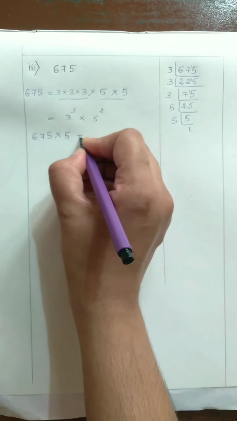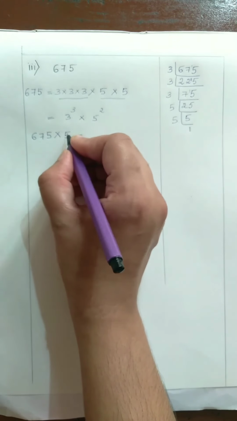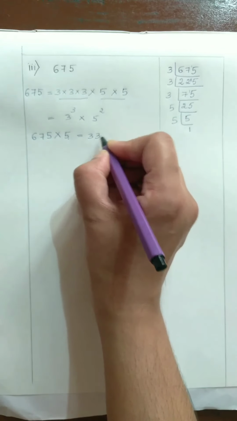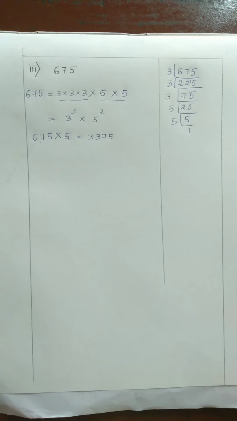So when we multiply 675 into 5, we will obtain the answer 3375. 15 into 15 into 15, that is 15 cube, is equal to 3375, which is the perfect cube.